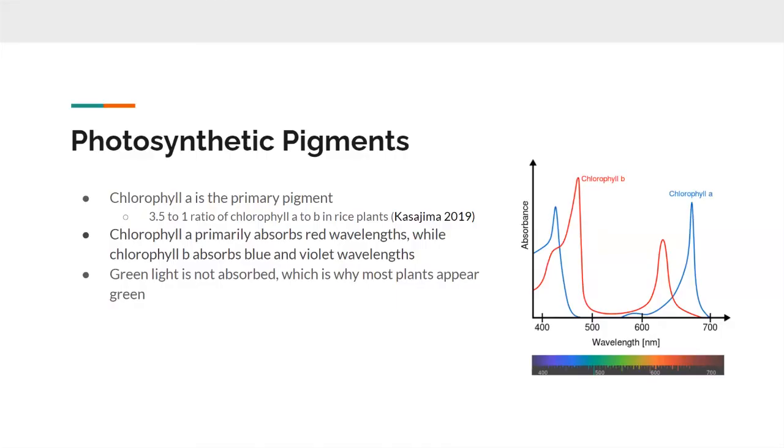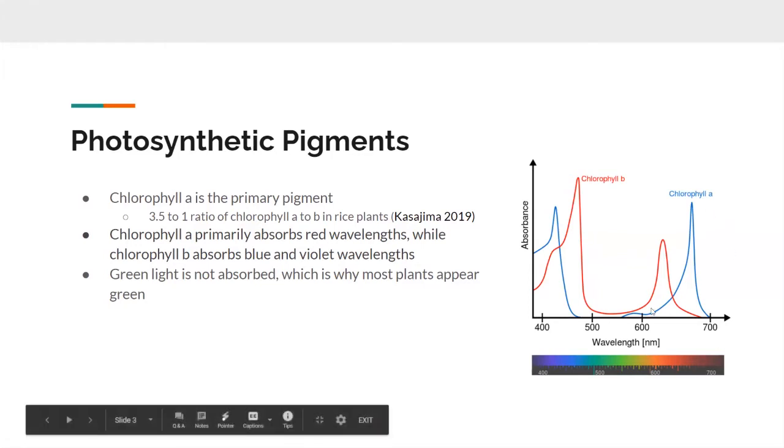There are a lot of things controlled by wavelength in plants, for example phototropism and telling the seed when to germinate. But for this project, I mostly looked at the photosynthetic pigments, most notably chlorophyll A and chlorophyll B. Chlorophyll A is the primary pigment, and we can see in this graph that it primarily absorbs the red wavelengths right here.